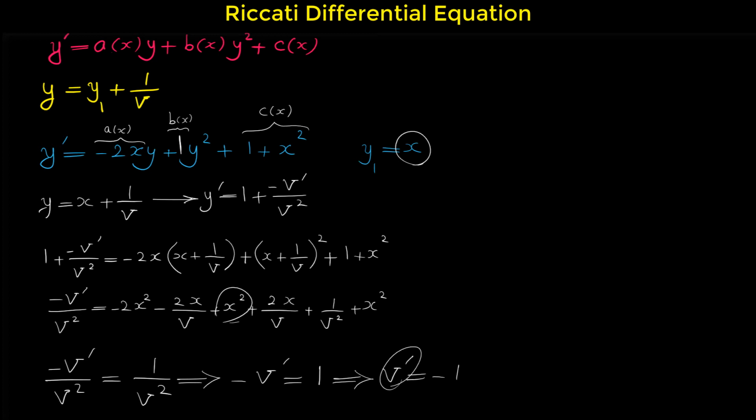Don't forget v prime is actually dv over dx, the derivative of v with respect to x. x is the independent variable. Because dv over dx is -1, the derivative of v is -1. So from here, v equals -x plus c. If we integrate -1, we have -x.